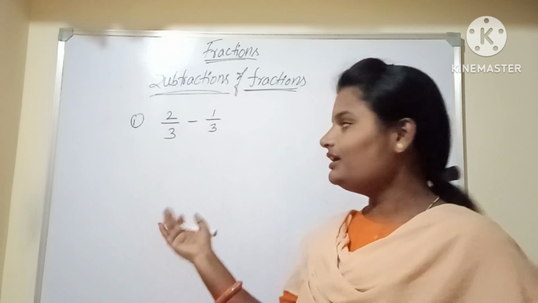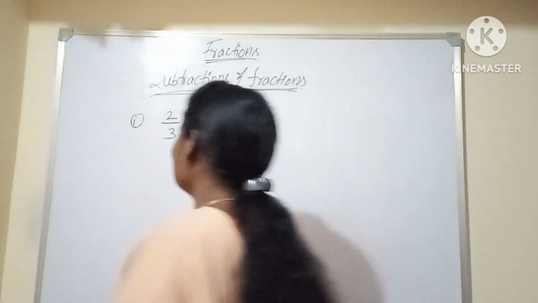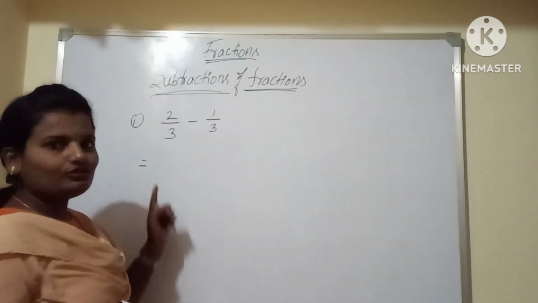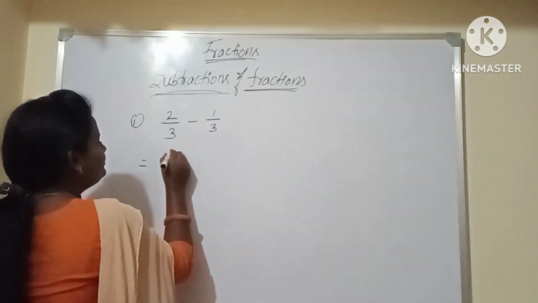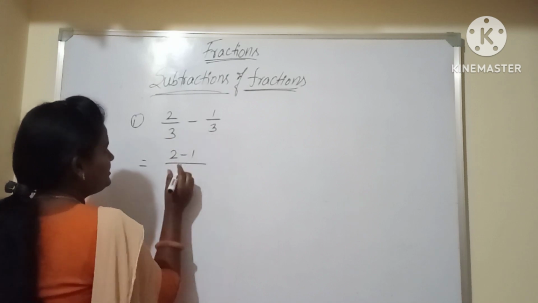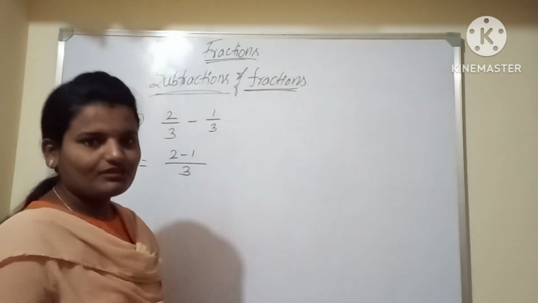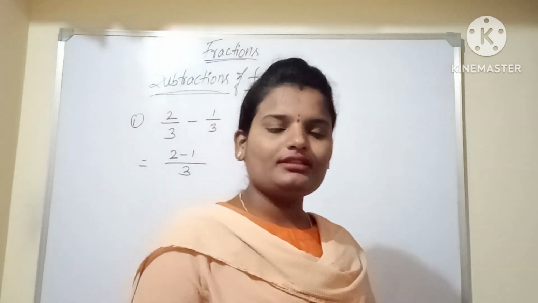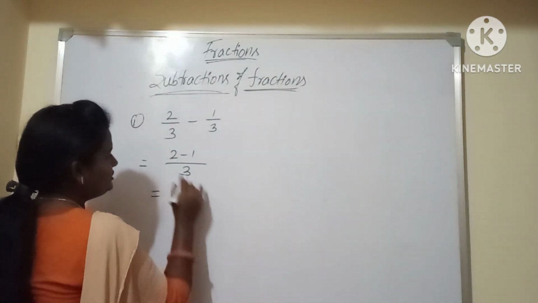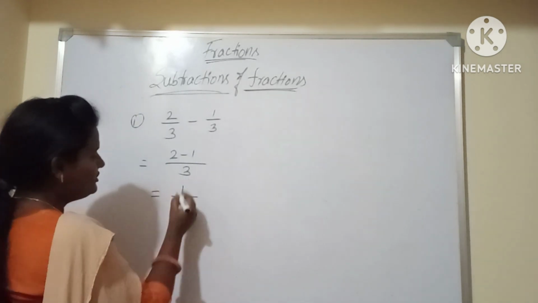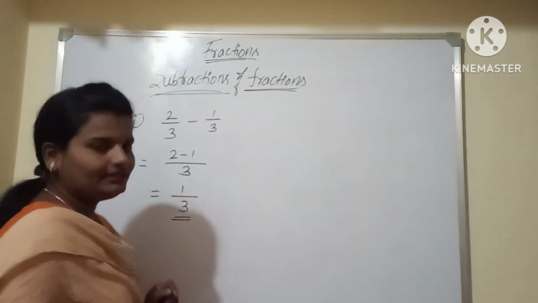We only have to simplify the numerators. So 2 minus 1 divided by the denominator 3. 2 minus 1 is 1. So 1 by 3, very easy, right?